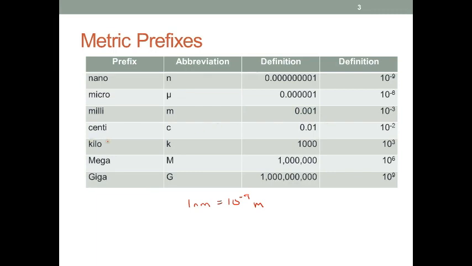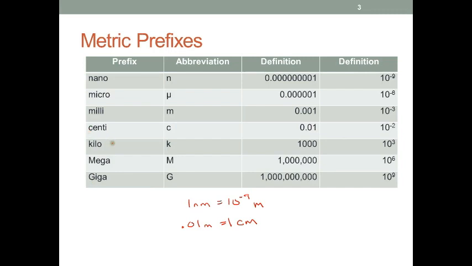Centimeter is also one that I hope you are familiar with. There are 100 centimeters in 1 meter, so, let me rephrase that, 0.01 meters equals 1 centimeter. So I will write that as well. 0.01 meters equals 1 centimeter. Right.